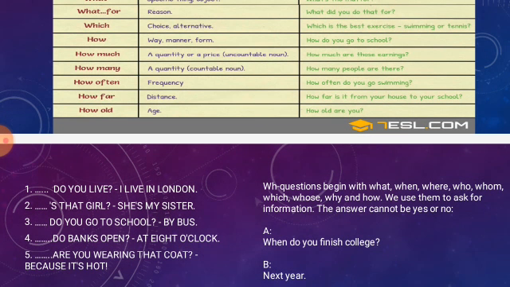How far refers to distance. How far is it from your house to your school? How old refers to age. How old are you? How old is this school? Do you understand? So these are the different ways in which you can use the WH question words.